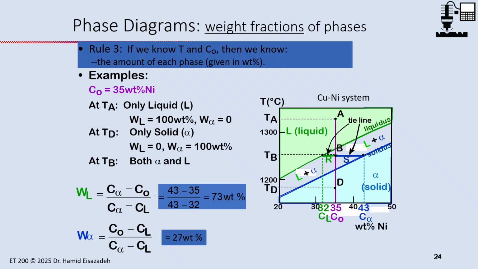Okay, in the liquid region, for example point A, how much liquid do we have there? Almost all of it is going to be liquid, so 100 weight percent liquid. So how much solid do we have there? It's zero solid, right?